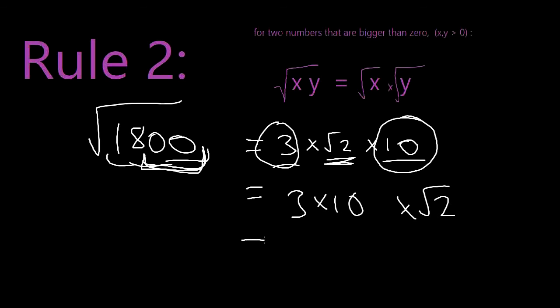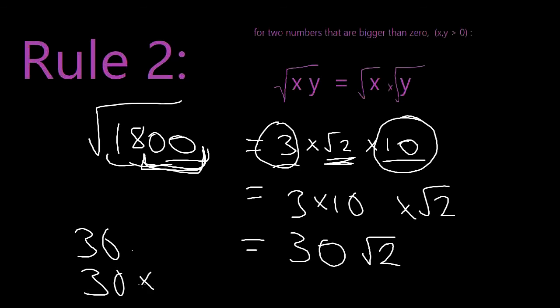So 3 times 10 we can do separately. Now that's going to be 30. And then with this root 2, we just write it like this. So it's 30 root 2, which is simply short for 30 times root 2. So that answer there is now simplified into its easiest form for us to work with.